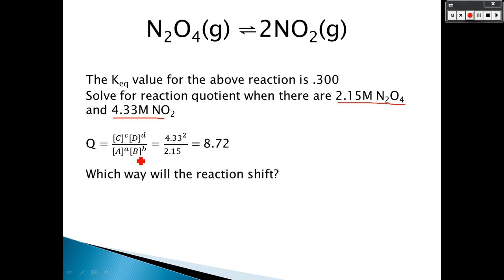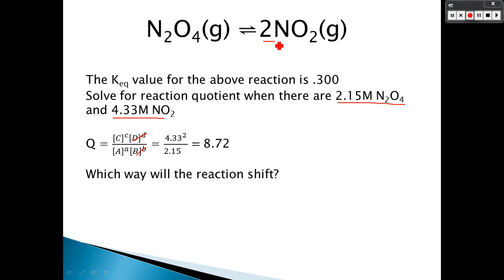So for Q, again, here's our equation. Now, in this case, we don't have a D or a B. And certainly, if you had 3 or more reactants or products, you can just continue that out. So it's basically the concentration raised to the power of the coefficient. So here we've got 4.33 squared.